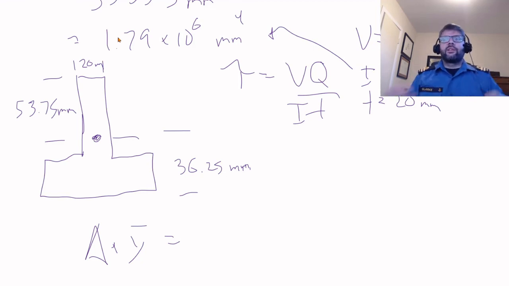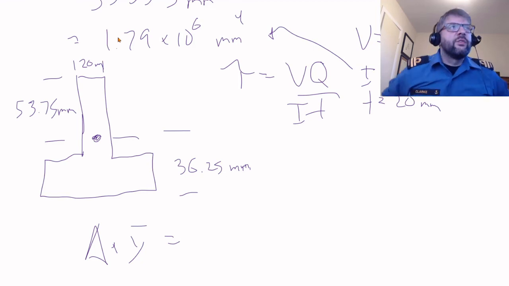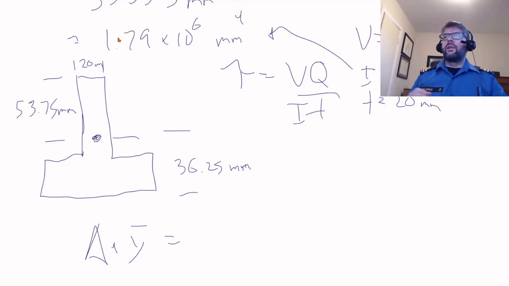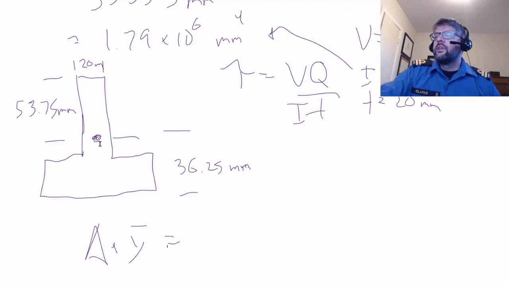So that's the definition of where the centroid is. So we know that on either side that Q is going to be the same. So let's skip some tedious calculation just to prove that point.